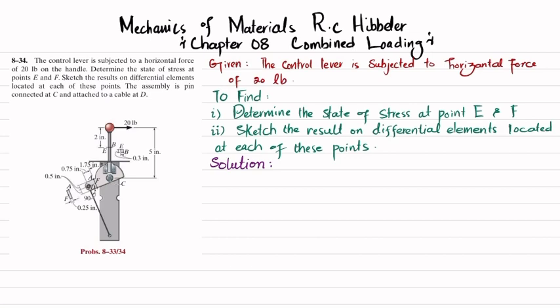The first step is to notice that this cable will exert a force on the element in the downward direction, because this force is causing tension in the cable. As a result, the cable exerts a force on this element downward.